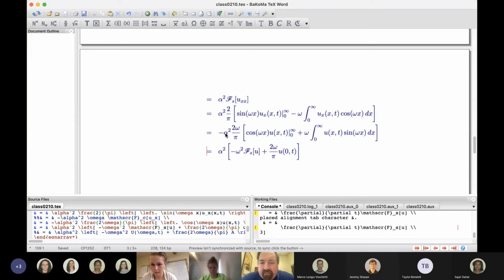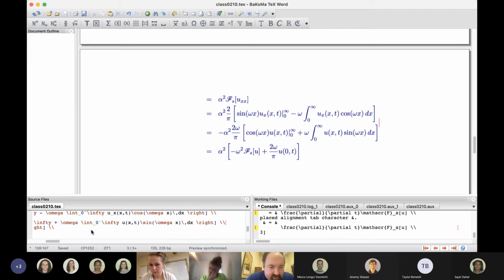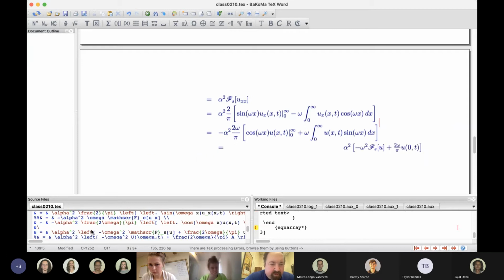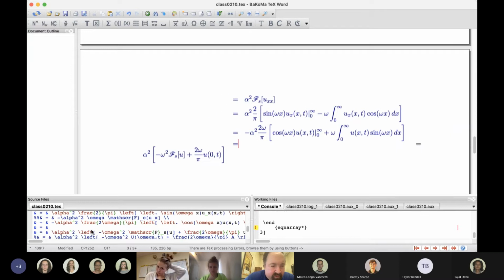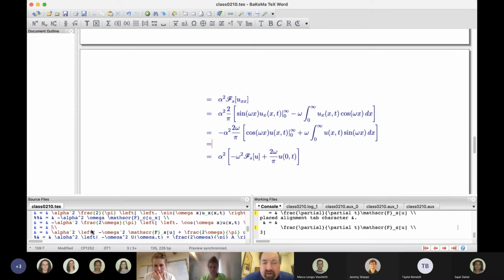So now I have minus alpha squared times omega squared. Actually, I'm going to put an intermediate step in here to better explain what is happening. All right, so I have the alpha squared on the outside.